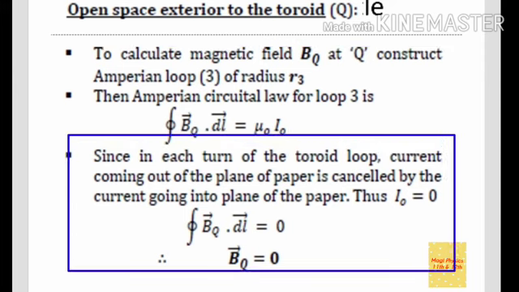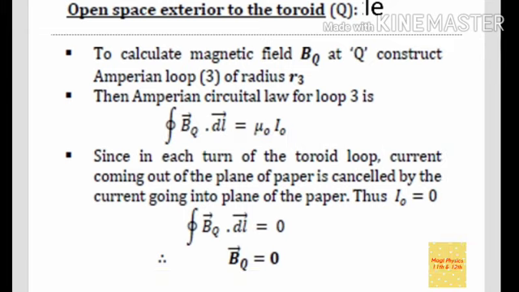We know that the magnetic field outside the solenoid is 0. Likewise, the magnetic field at any point outside the toroid is also 0. So the above equation becomes closed integral BQ vector dot dl vector is equal to 0. Hence, BQ vector is equal to 0.